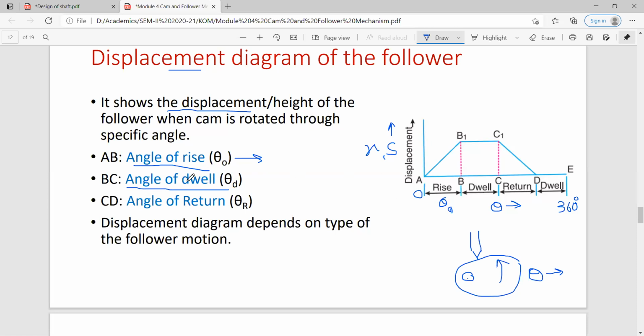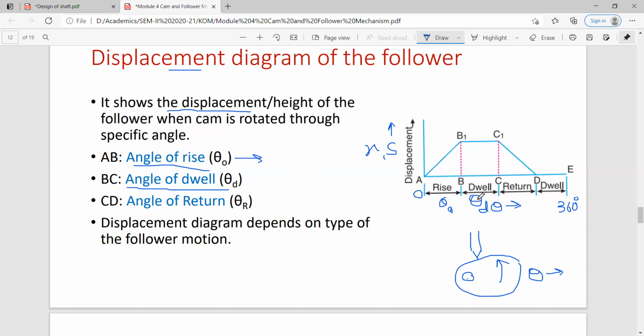From point B to point C, the follower remains at the topmost position through the angle theta d, which is called the angle of dwell.